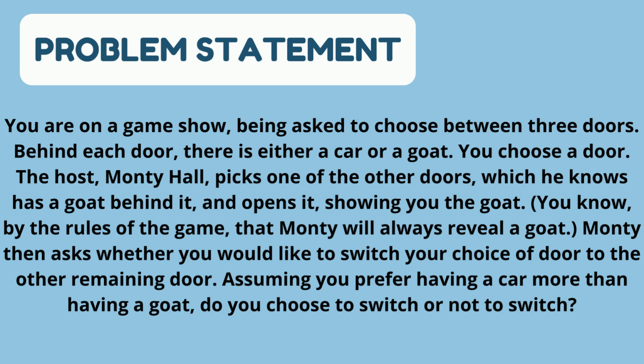Monty then asks whether you would like to switch the choice of door to the other remaining door or to keep it. Assuming you prefer having a car, of course, more than having a goat, do you choose to switch or not to switch?